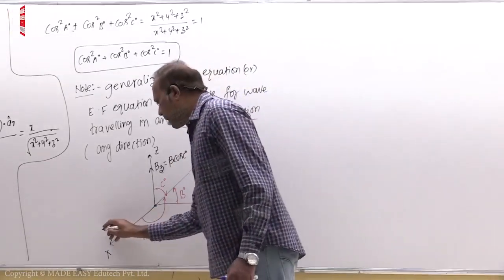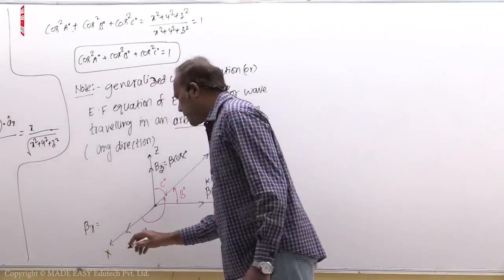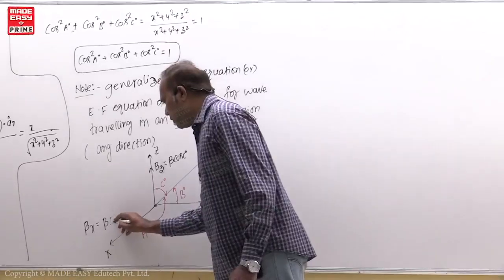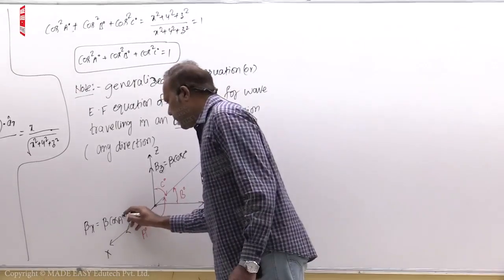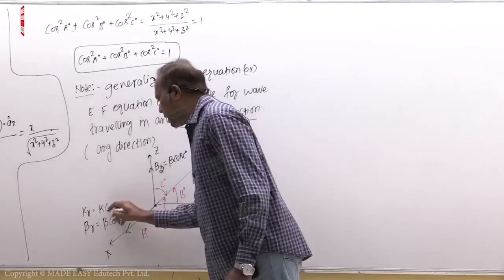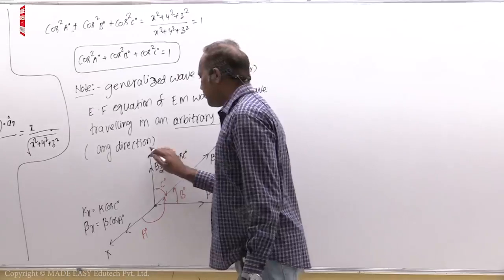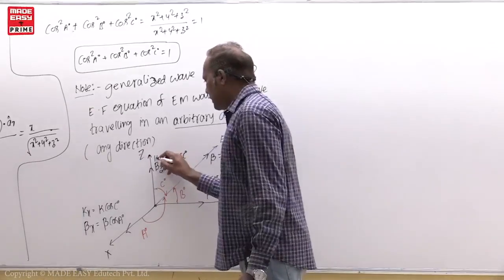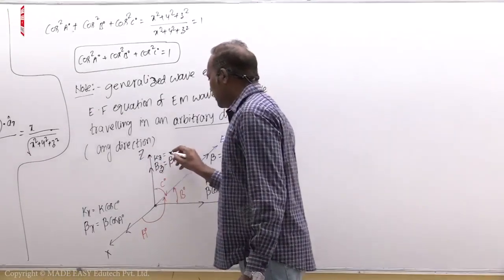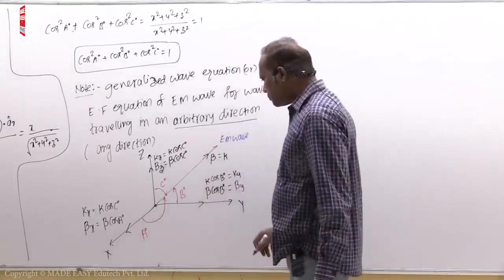Similarly, if I project here, beta x, the phase shift constant in the x direction, is equal to beta into cos a degrees. If I write in terms of k, kx is equal to k cos a degrees. And this is the z axis actually, so kz is equal to k into cos c degrees.